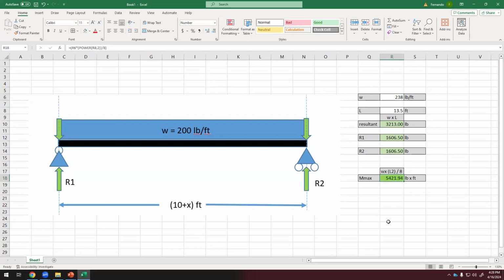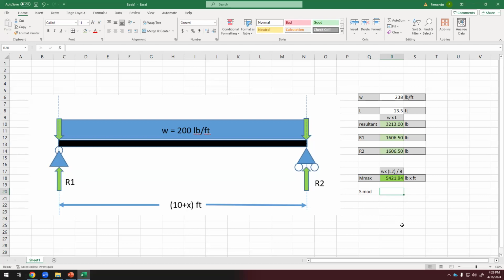But what's the goal? The goal is to select the beam. So what is the parameter that I need to select the beam? I need the section modulus. So I have to select the section modulus, S. And the section modulus is, if I remember, the moment, the maximum bending moment divided by the tension.